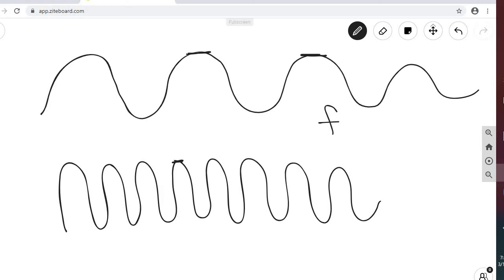So what you should see from this is as you increase frequency, as you have more waves per second, what does that do with wavelength? Well, it decreases wavelength.